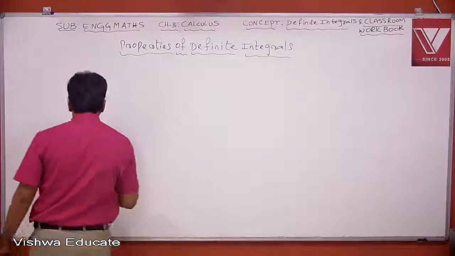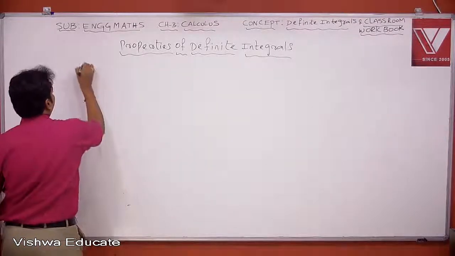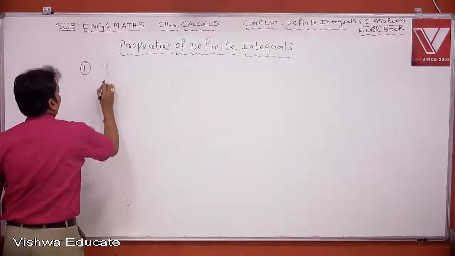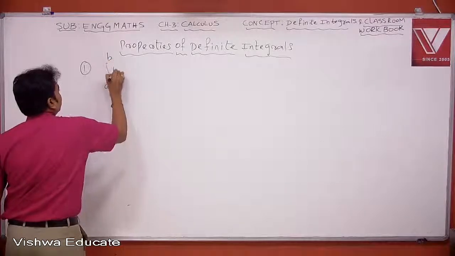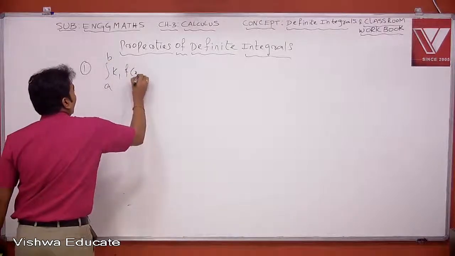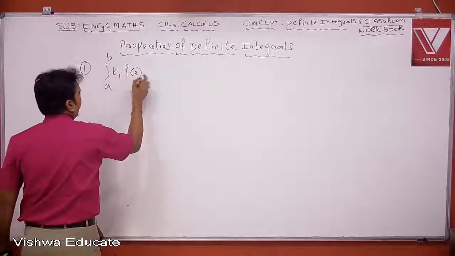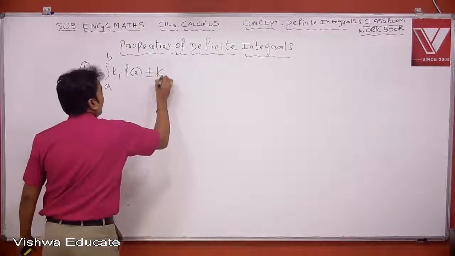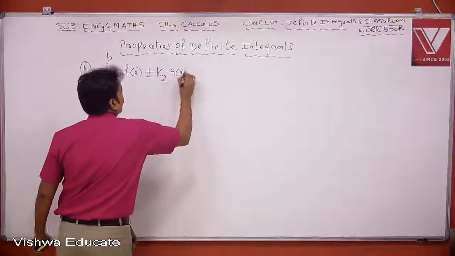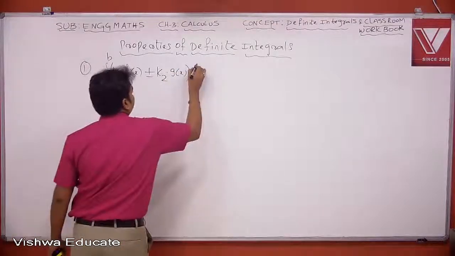We have 4 properties. Let me write out one by one. Suppose we have integral a to b of k1 into f of x plus or minus k2 into g of x dx.